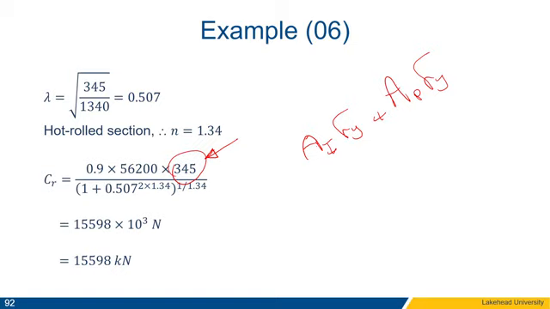In that case, you will be more accurate, but just for simplicity, we multiplied it by the lower F yield, and it happened to be the F yield of the I-beam. Okay. In that case, we found that this column can resist around 15,500 kilonewtons.